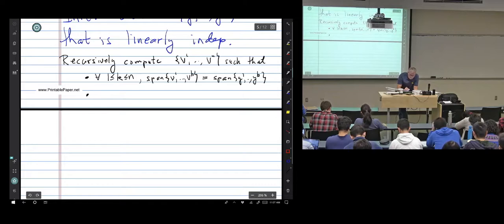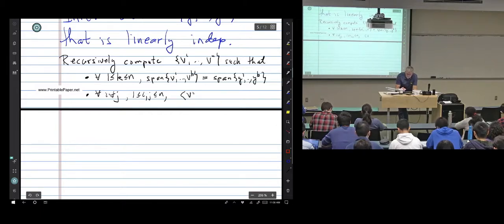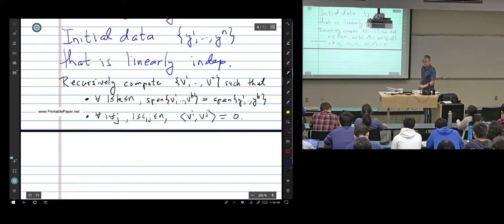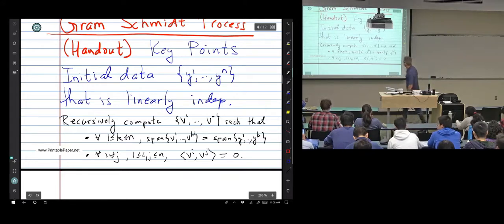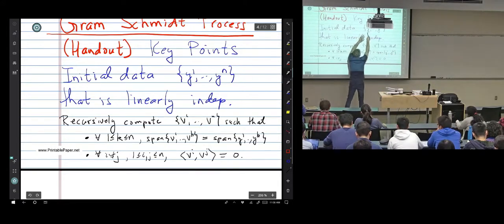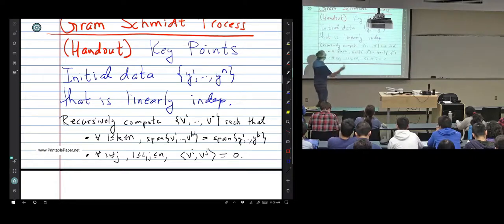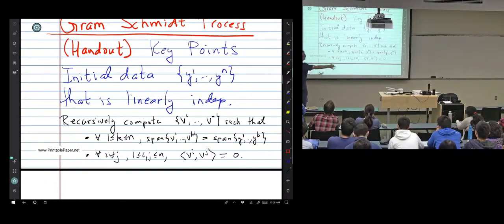And then, for every i not equal to j, between 1 and n, the inner product of vi and vj is 0. Okay, so Gram-Schmidt is going to take a basis or a set of linearly independent vectors for a subspace.